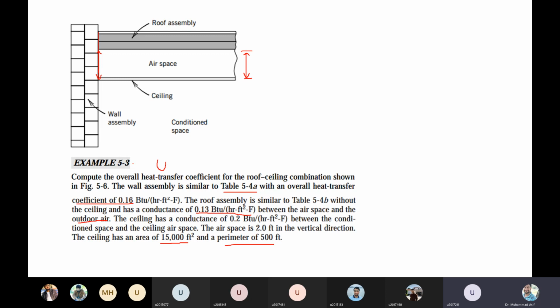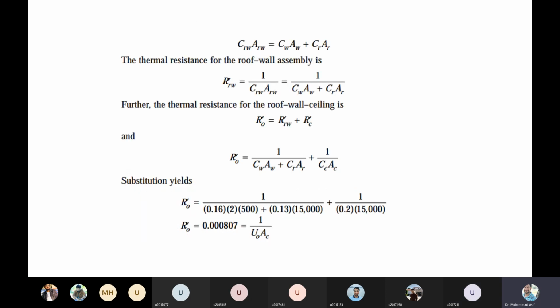This is very obvious, right? So we can calculate the equivalent resistance. As you can see in that solution, first of all we have to calculate the overall resistance between the roof and the wall. Because those are parallel with each other, we can sum up, and we know the conductance and resistance are reciprocals of each other.